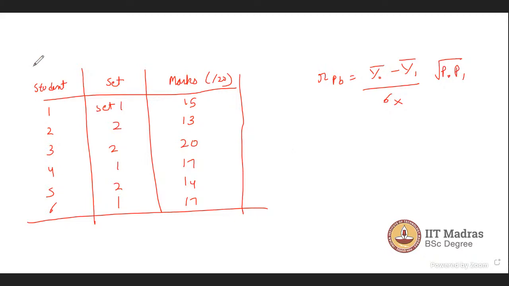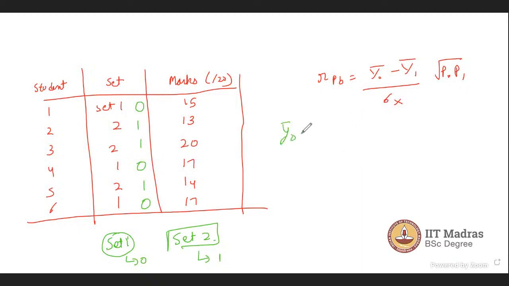So you see here the variable has two categories. It can be either set 1 or set 2, right? I am denoting set 1 by 0 and set 2 by 1. So it will be 0, 1, 1, 0, 1, 0.